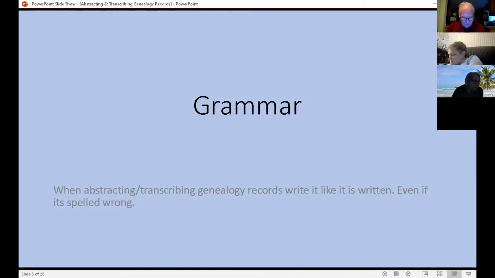Basically, it's telling the reader what type of person you're learning about. Are they illiterate? Are they not illiterate? Are they able to sign their name? Or can they not sign their name and they're marking with an X? It says a lot about a person, especially with different periods of time.